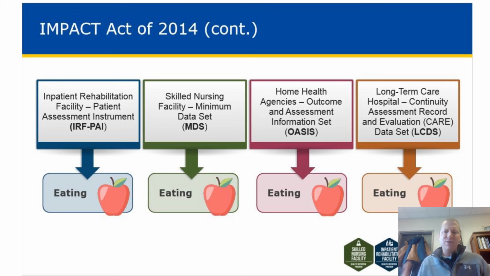Eating and many of the self-care skills and functional abilities are measured in each of these data sets, but there was not a standardized way of measuring each of these things. So you were having discrepancies from one facility to the other with how they were measuring certain items, and that impacts the reliability of the data being gathered.